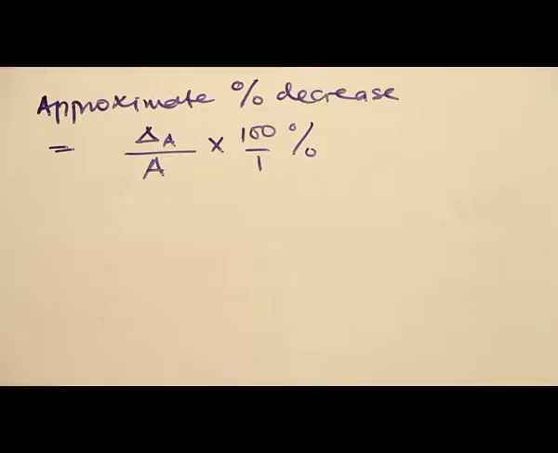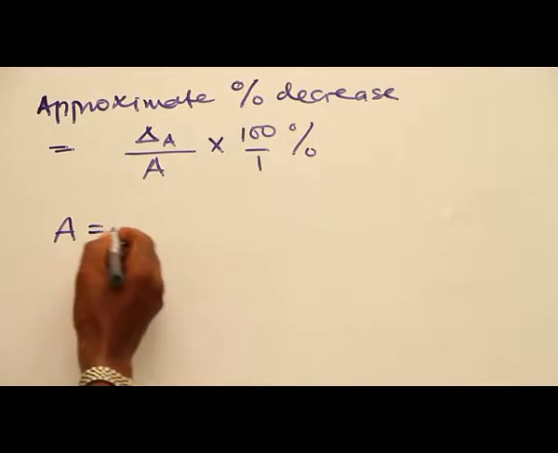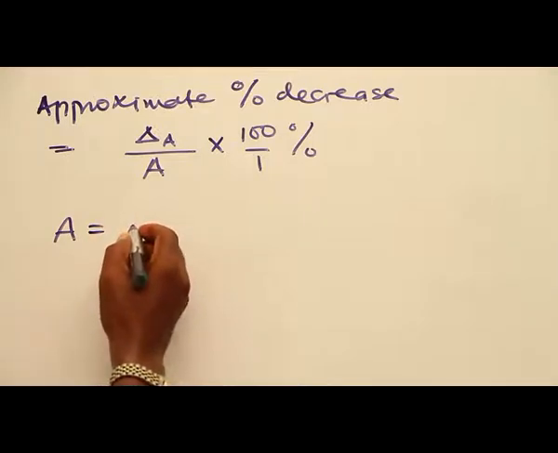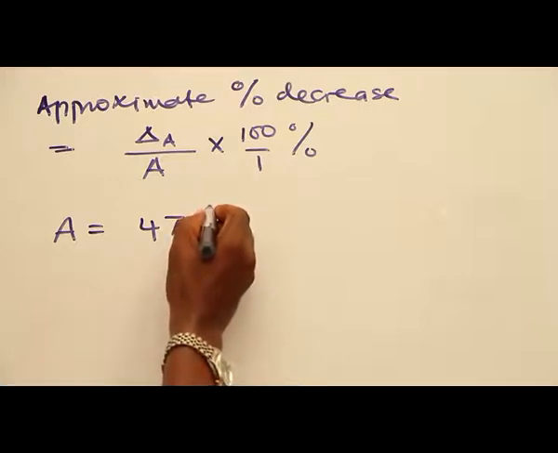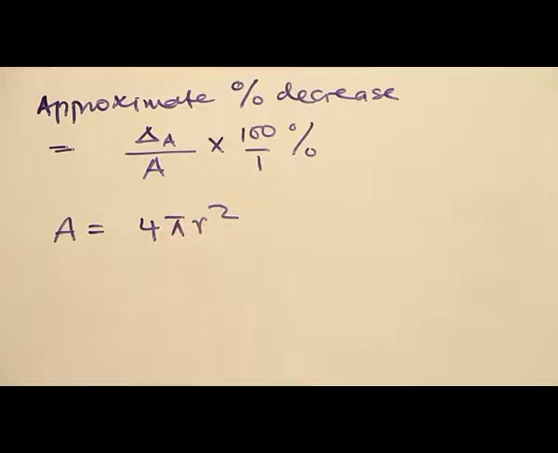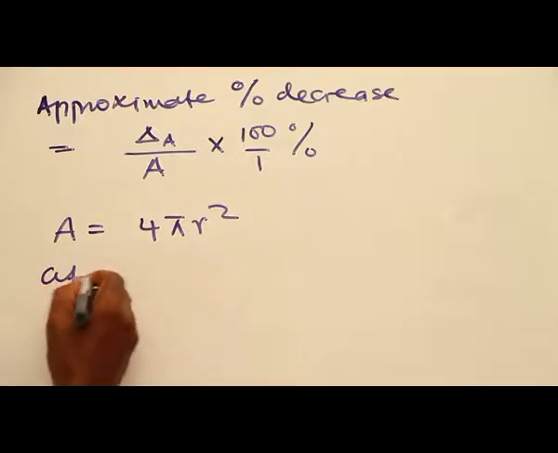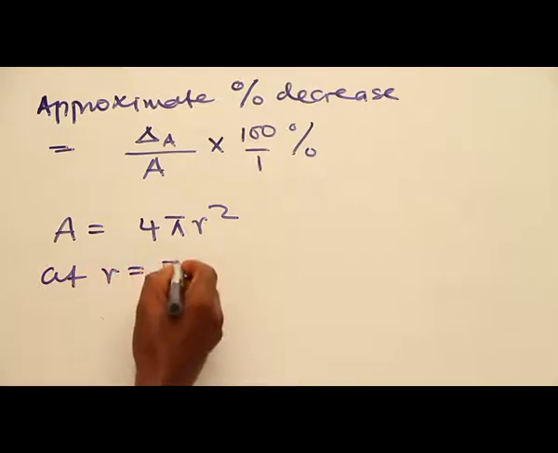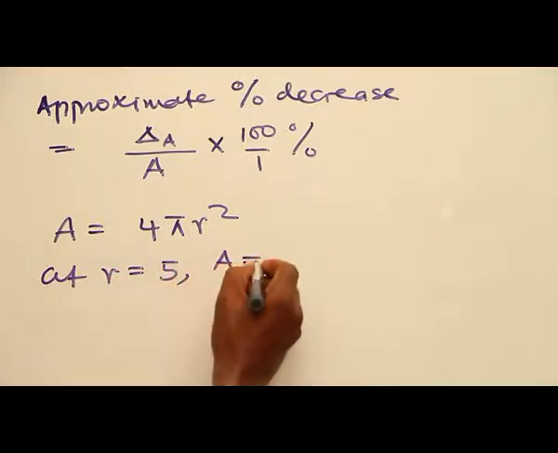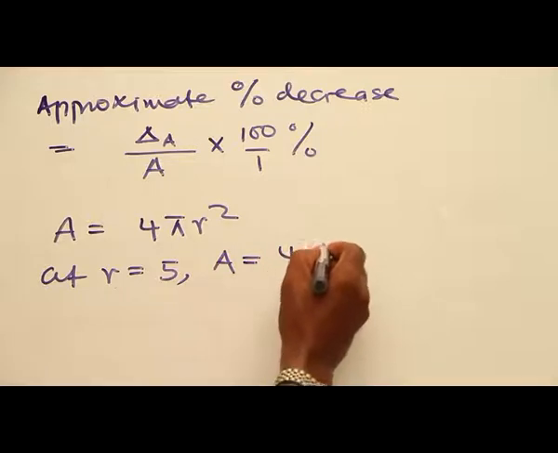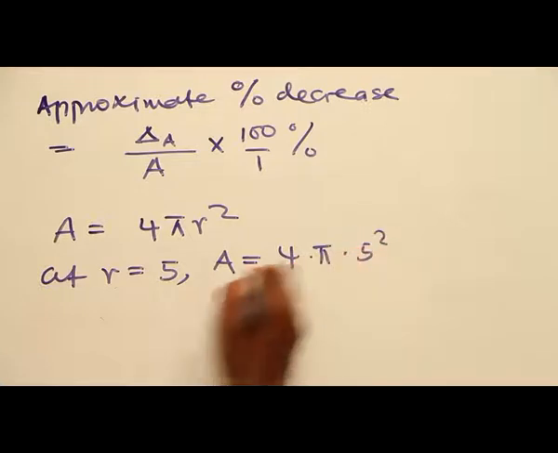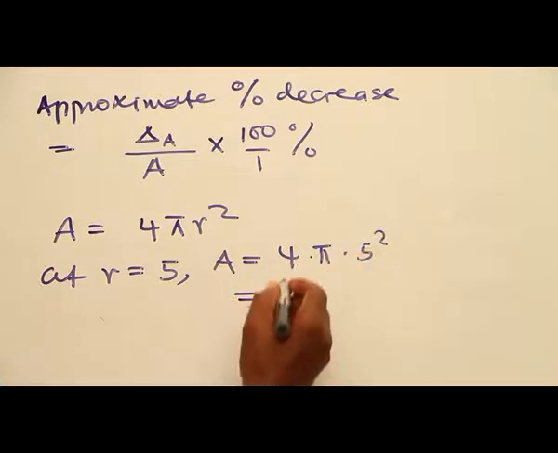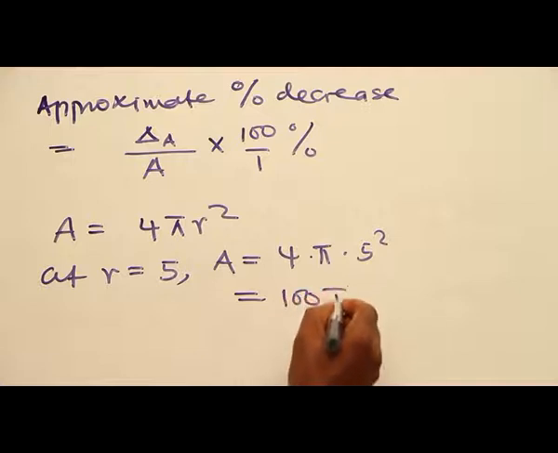Now, your A was equal to 4 pi r squared. Now at r equal to 5, your A becomes 4 pi times 5 squared, and that will be 25 times 4, 100 pi.